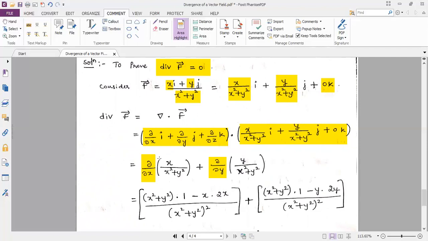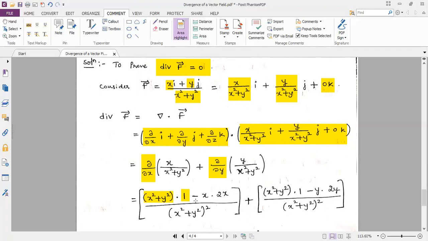Let us perform partial differentiation with respect to x, applying the quotient rule, u by v rule: (v du − u dv) divided by v². That's the formula for quotient rule. So v is nothing but x² + y², write down v as it is. Differentiation of u, that is x, with respect to x is 1.